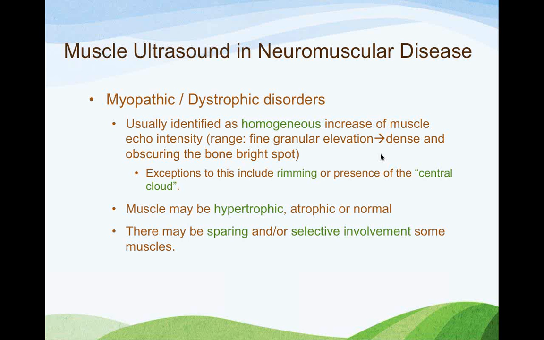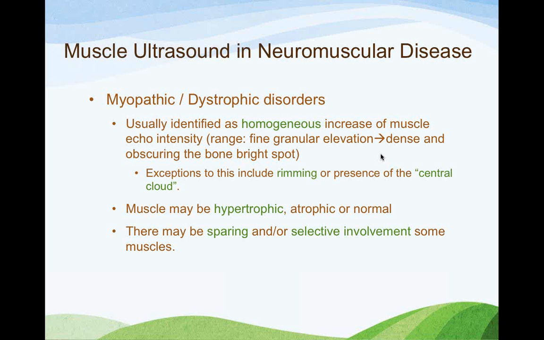We remember, for example, the rectus femoris muscle is a bipinnate muscle with a central fascia. So if the changes in the muscle are starting from there, you're going to see a more localized increased echogenicity right around that central fascia. And when that happens, it gives the appearance of what we call a central cloud. And I'll show you a picture of that as well.